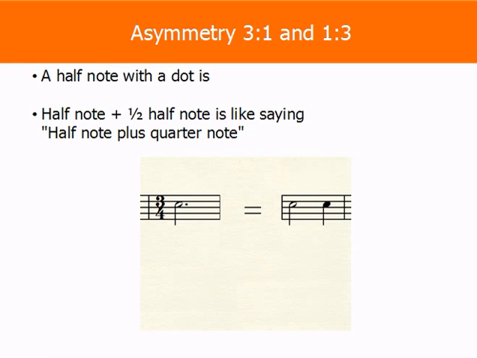It's like saying a half note plus 1/2 of a half note is saying half note plus quarter note, because a quarter note is a half of a half note. So the dot means half note plus quarter note, which is 2 plus 1. That is 3 beats.